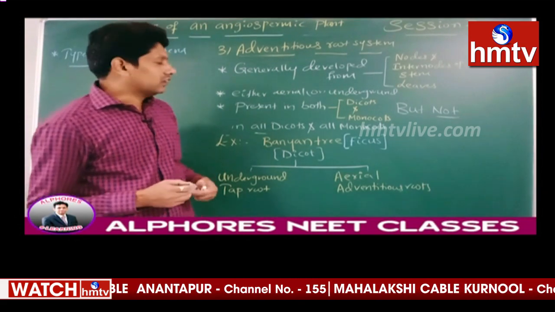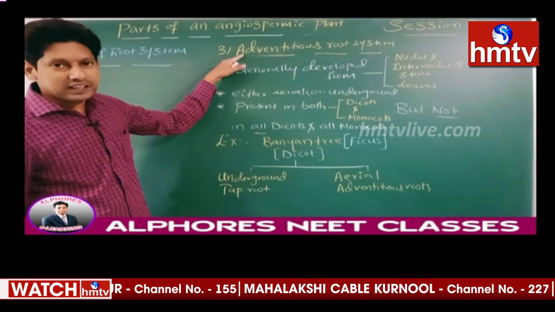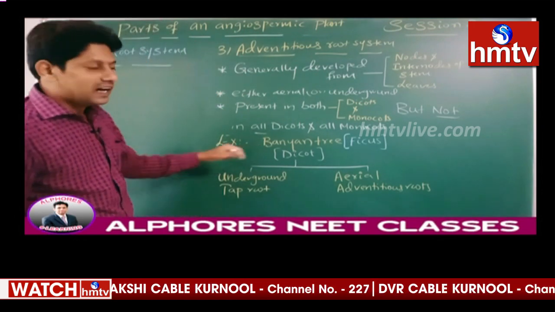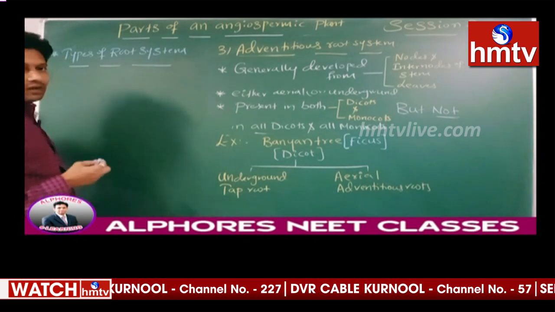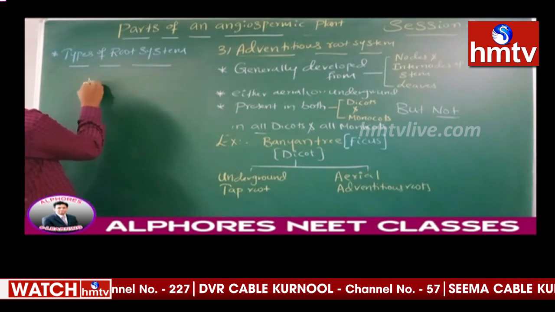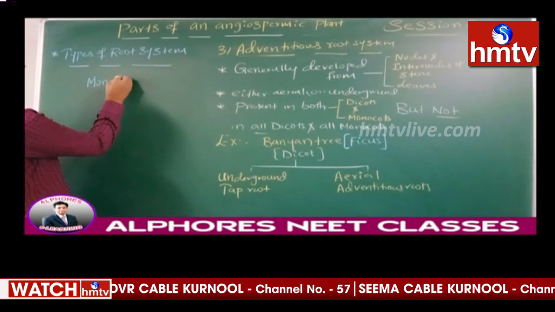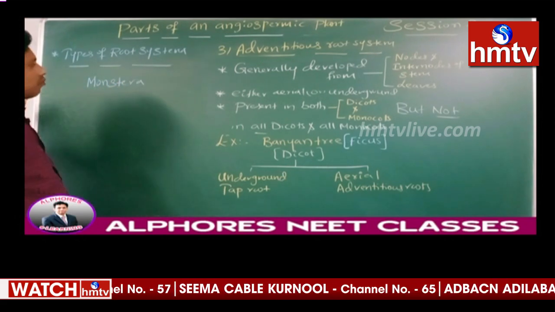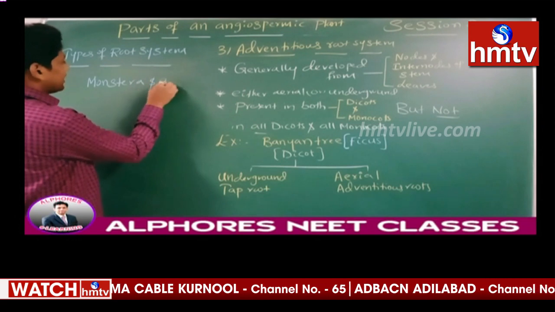We are discussing examples of adventitious roots. What is the first example? Banyan tree. Now go for the next example: Monstera and grasses.